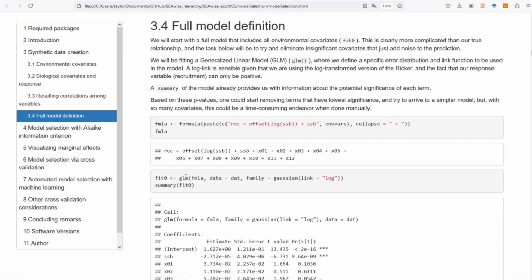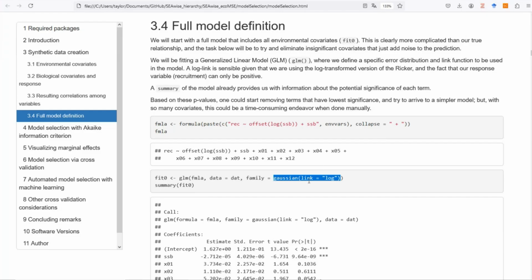So what I'm doing then is fitting a GLM, generalized linear model. Nothing fancy, but what is a little bit different is that I have this log link function on here, and that's a typical relationship that you might have for a response variable like this, where you're only predicting positive values.